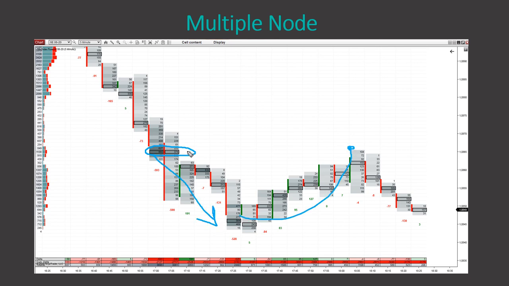Then there was the pullback, and what you expect is those big guys to defend their selling positions and push the price downwards again. All right, the high volume nodes identify the big guys. They identify them because the big guys trade with the biggest volumes. All right, the most important price levels are always those which have the heaviest volumes. So that's the logic behind this setup.